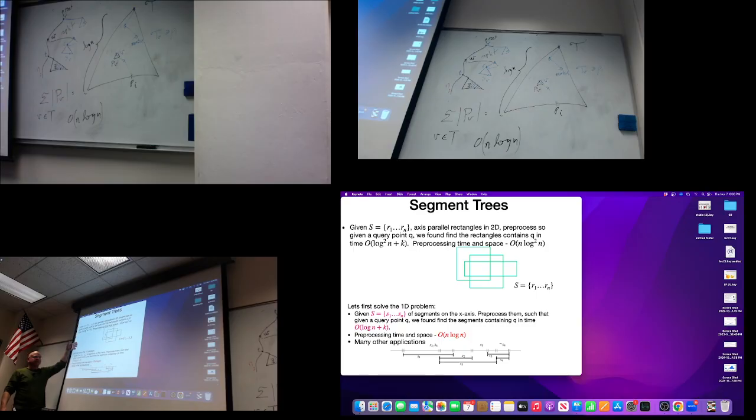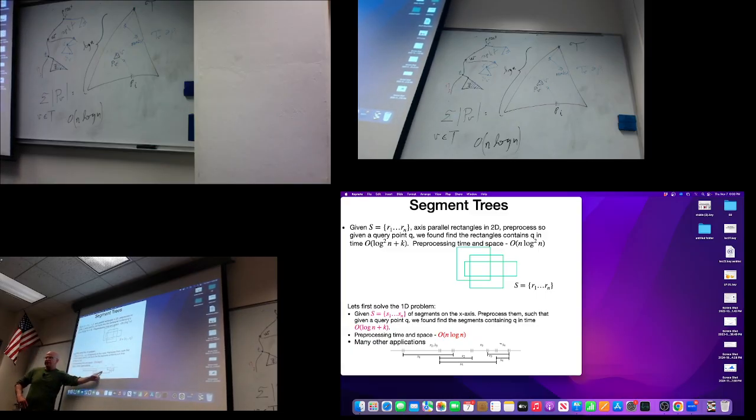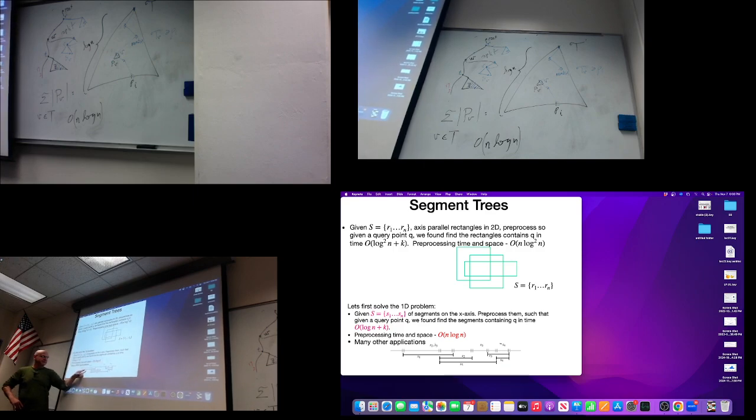As the first building block to answer this type of query, given a query point, who are the windows that contain my query point? As pre-processing, let's solve the 1D problem. So I have a set of segments, rectangles in 1D, and I want to pre-process them so that when you give me a query point on the x-axis, the segments here all have the same elevation, y equals 0.